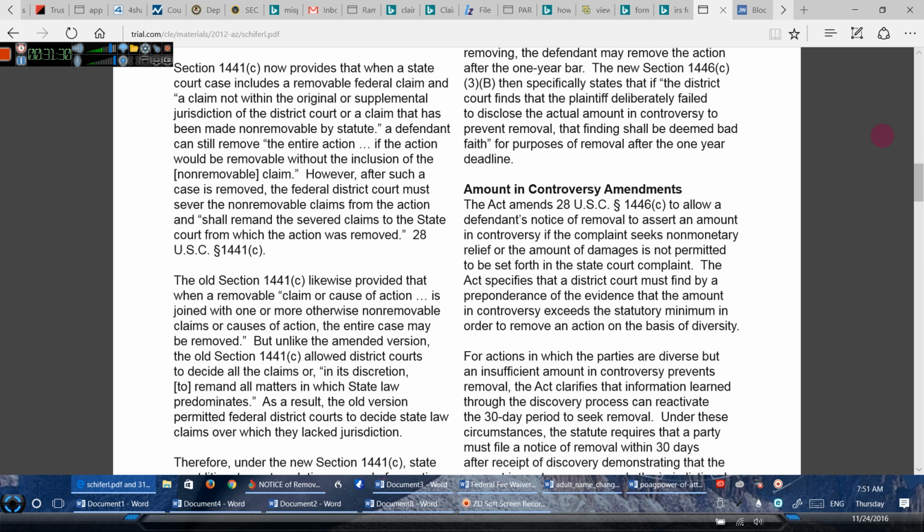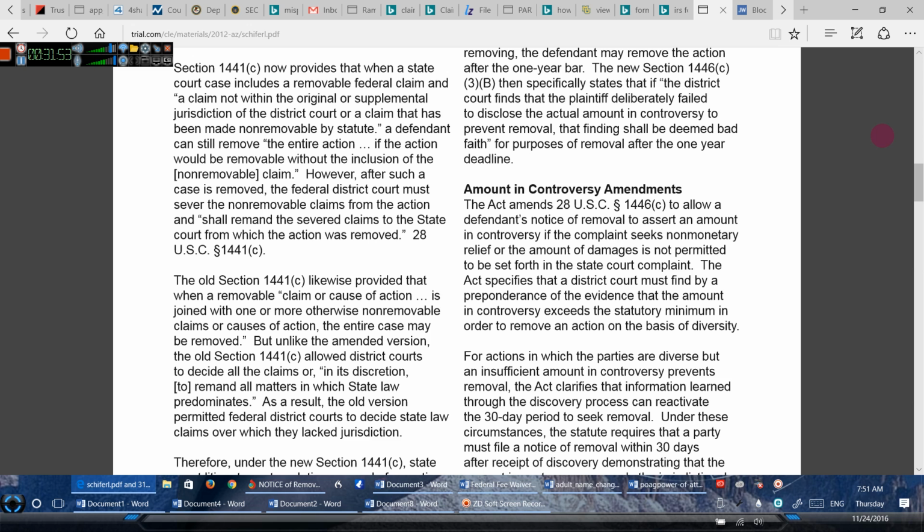However, after such a case is removed, the federal district court must sever the non-removable claim from the action, and shall remand the severed claim to the state court from which the action has been removed. Ladies and gentlemen, that means you'll have two cases going on, one state, one federal. It's okay, I don't mind.